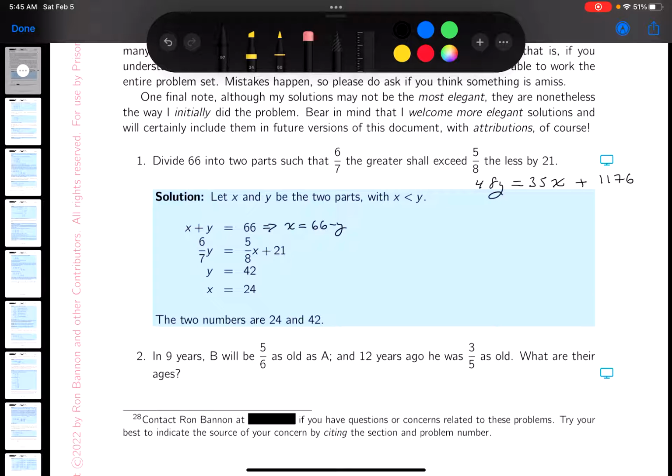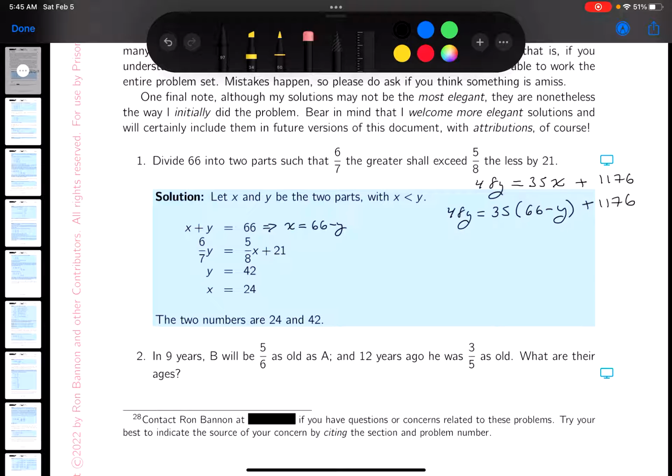And I'm going to plug it in. So what do you get? 48y equals, well, you can get 35 times the x, which now is 66 minus y. Now, the point of doing this is to have an equation in one unknown.